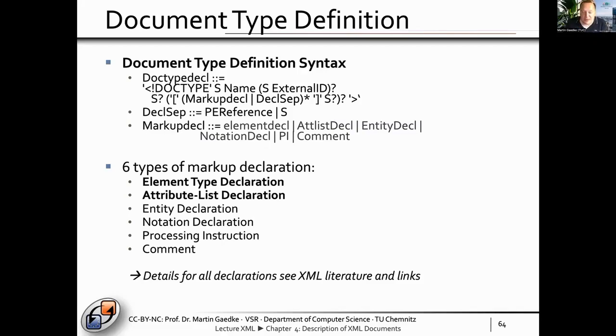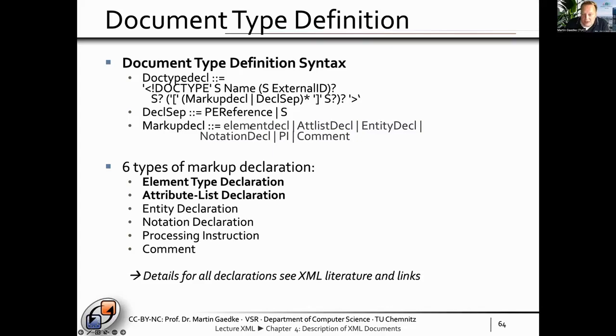If you look into the recommendations from the W3C, as you can see here, the doc type declaration is either an external one, or it describes a set of markup declarations and declaration separators. The markup declarations are defined here.